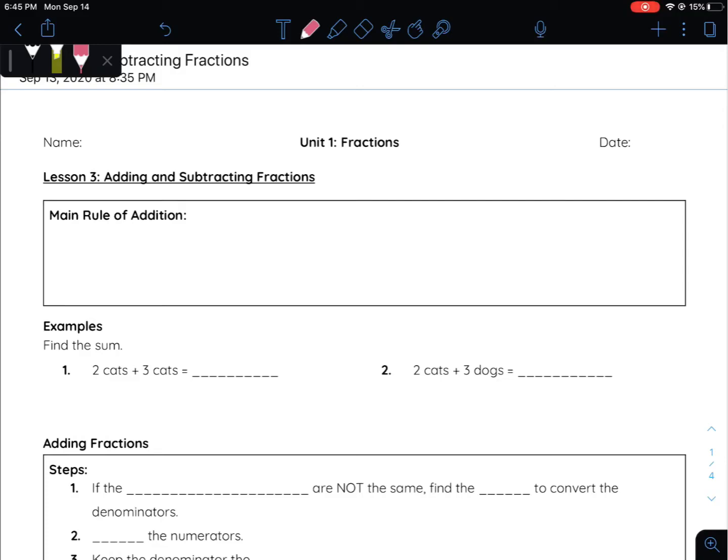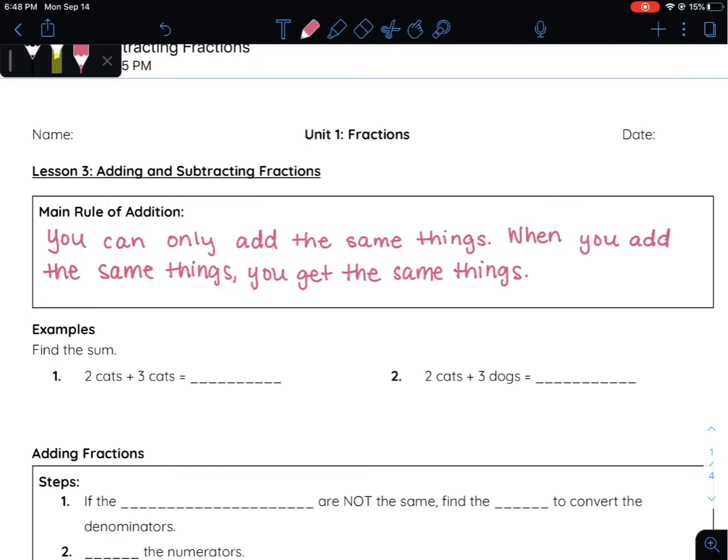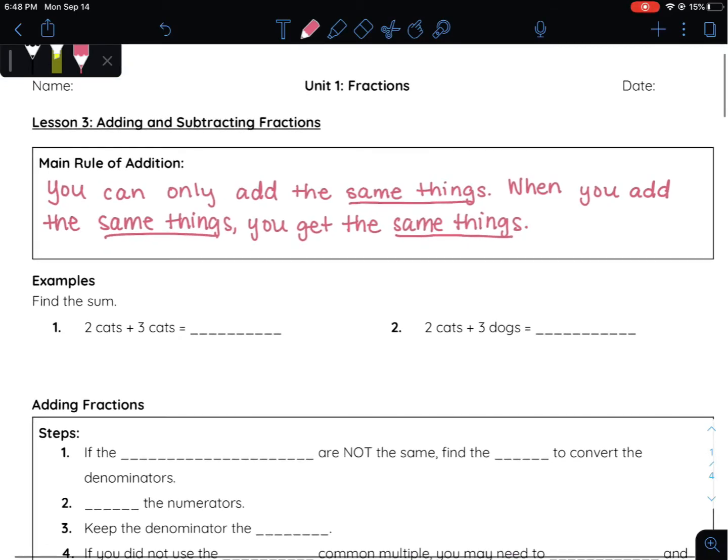So we're going to start with what's called the main rule of addition, okay? You can only add the same things. When you add the same things, you get the same things. What does this mean? Well, if I say there's 2 cats plus 3 cats, those two things are the same.